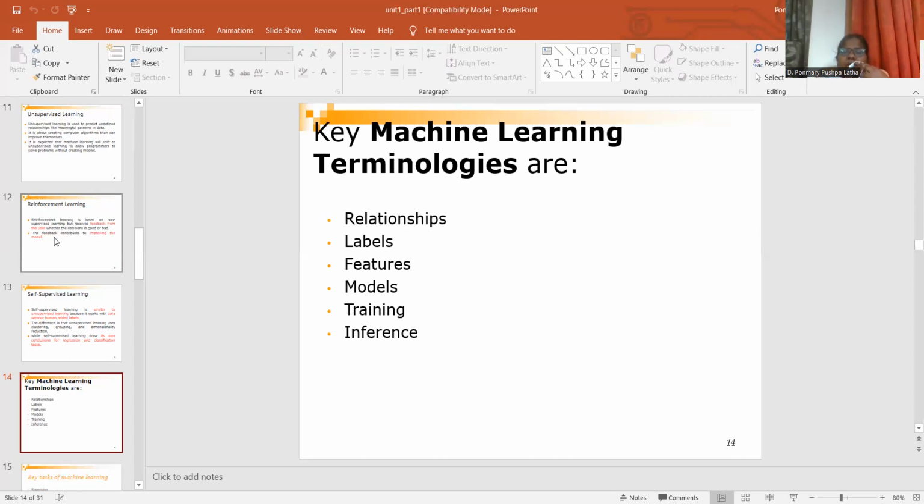That is an inference. You are going to prove that it has happened, so that is correct. Those are some of the key machine learning terminologies.